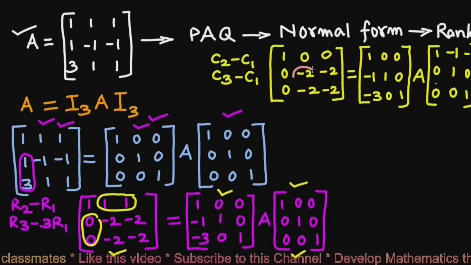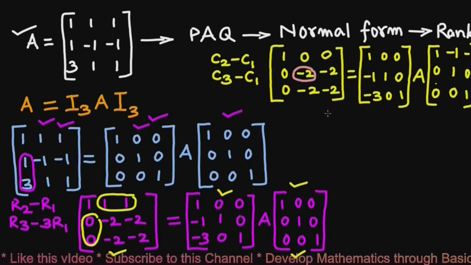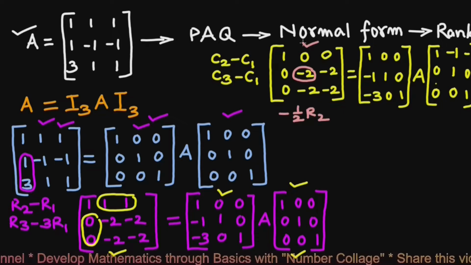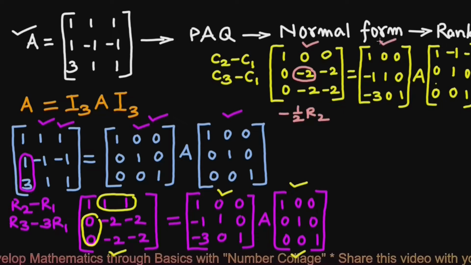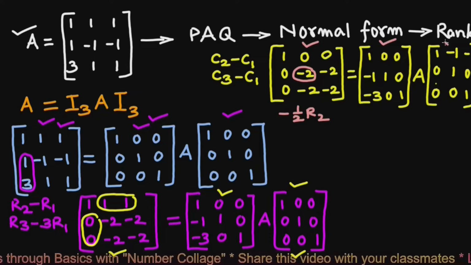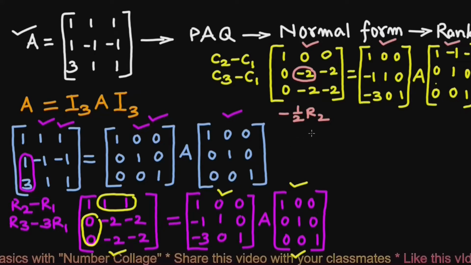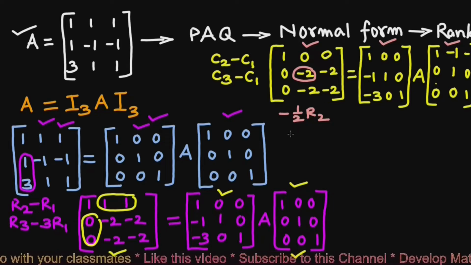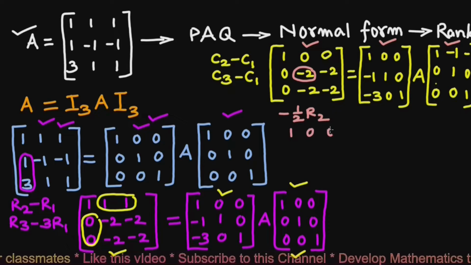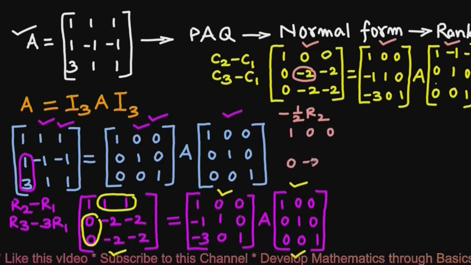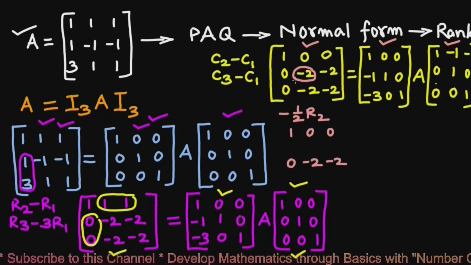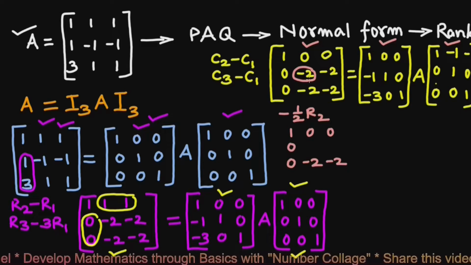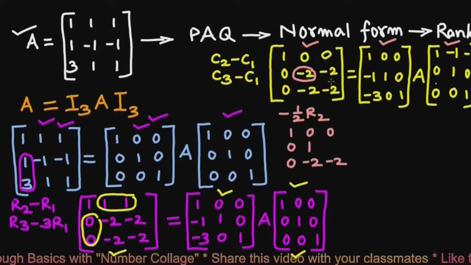Next we have to make this -2 equal to 1. So for that we will perform -1/2 R2 on this equivalent matrix A and this prefactor of A, but we will write this postfactor as it is. So with -1/2 R2, the first row and third row will remain as they are. So we write 1, 0, 0. The third row 0, -2, -2. And the second row will become -1/2 into 0 = 0, -1/2 into -2 = 1, -1/2 into -2 = 1.